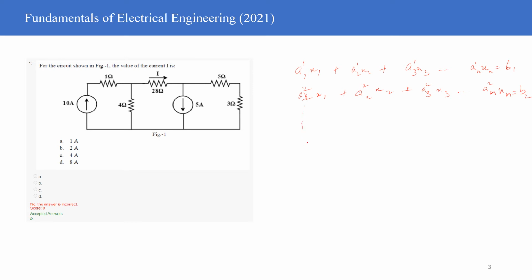So on up to the nth equation, a1 n x1 plus a2 n x2 plus a3 n x3 so on up to an n xn is equal to bn, right?